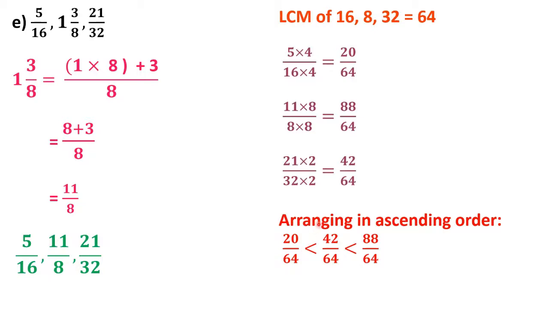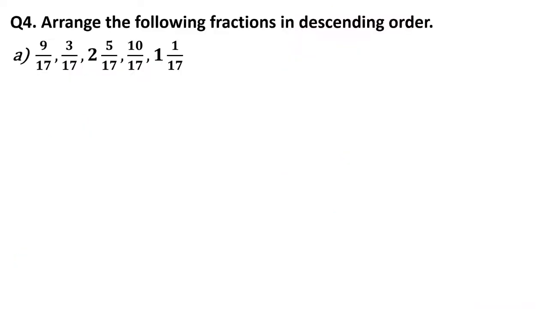Okay, so after getting equivalent like fractions we are arranging them in ascending order. So we have 20 by 64, 88 by 64, and 42 by 64, and we have arranged them in ascending order, and the answer is 5 by 16, 21 by 32, and 11 by 8, which are the equivalent fractions of this one.